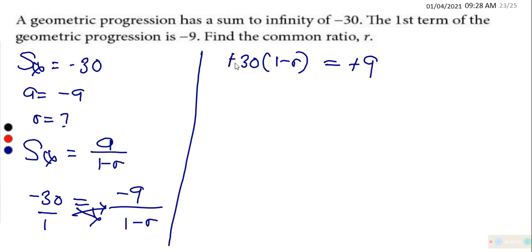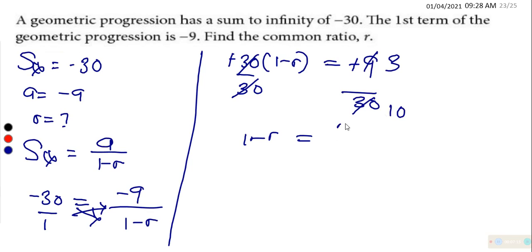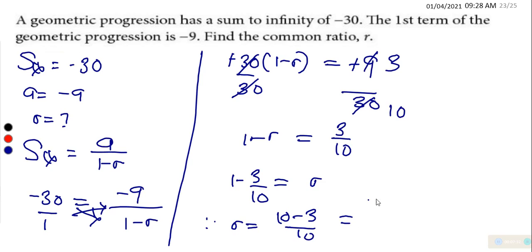And of course minus goes in minus, so dividing both sides by 30, we have 1 minus r equal to 3 over 10. So therefore, subtracting 3 over 10 and adding r to both sides, we have 1 minus 3 over 10 equals r. So therefore r equals 10 minus 3 all over 10, which is 7 over 10. So the common ratio is 7 over 10.